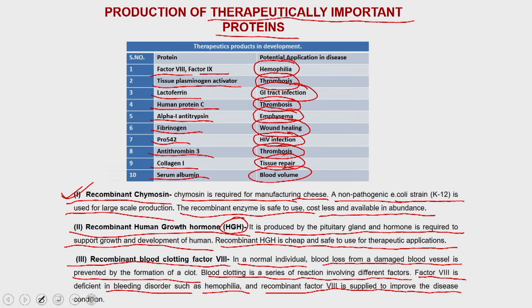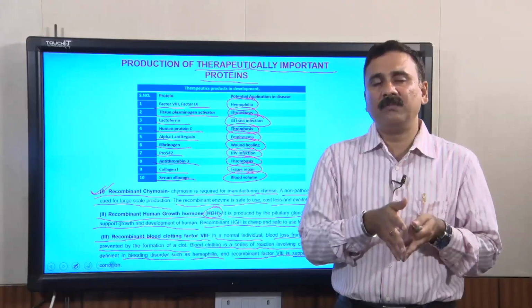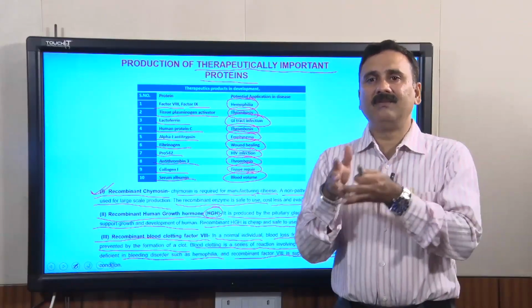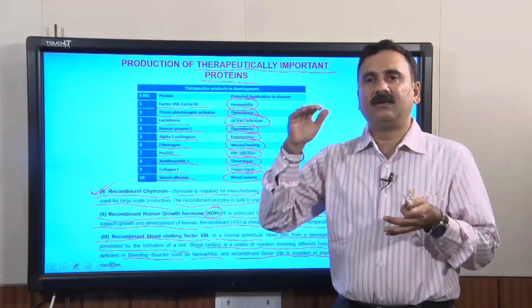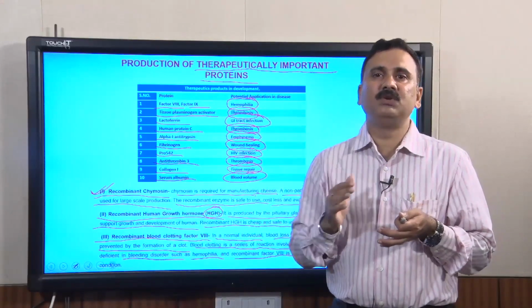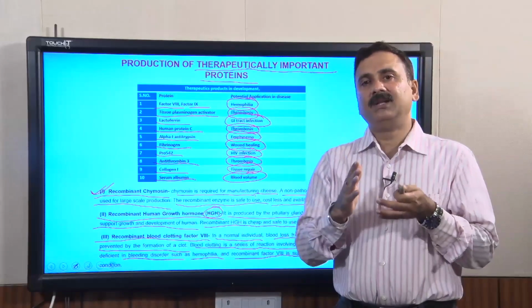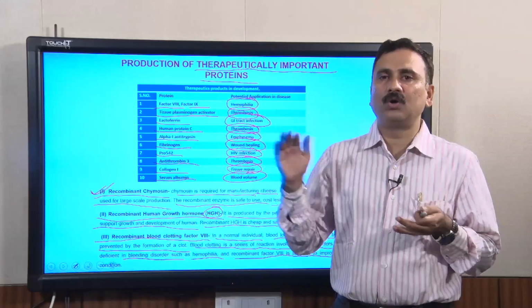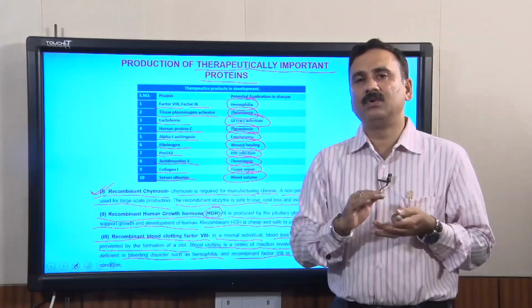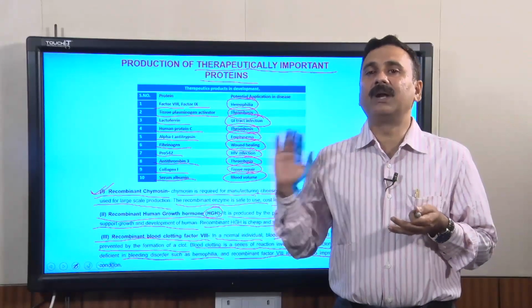These pathways are a series of cascades involving multiple enzymes, and ultimately they lead to the activation of thrombin. Once thrombin is activated, it cuts the fibrinogen to generate fibrin, and these fibrin fibers cover the wound, and that is how you stop the bleeding.